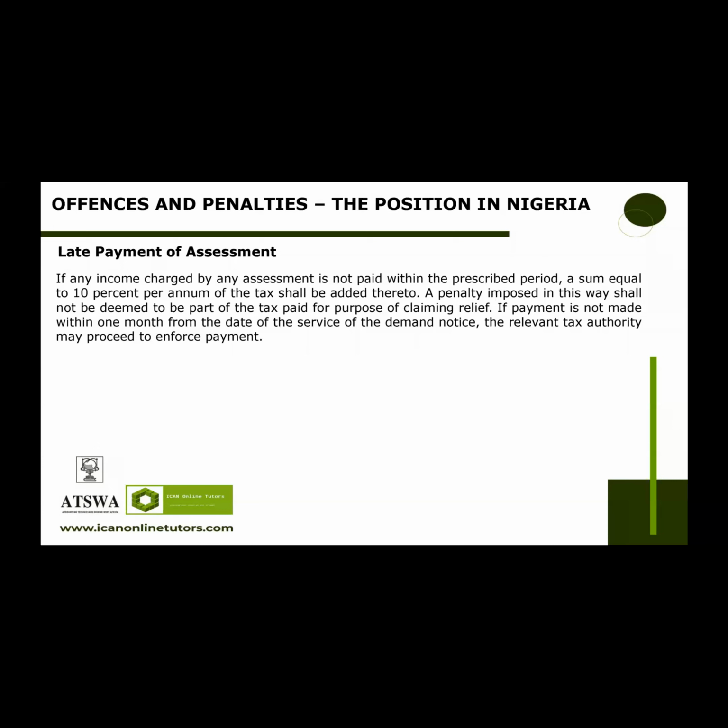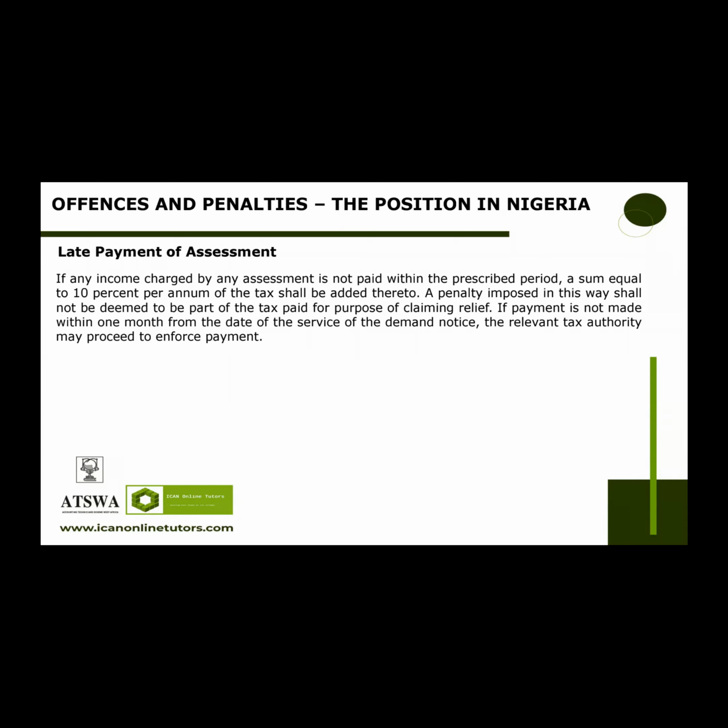Again, for emphasis sake, I would like to repeat that in Nigeria, income tax charged based on an assessment which is not or has been the subject of an objection or appeal shall be payable after the deduction of any amount to be set out for the purposes of collection or any amount deposited against the tax at the place stated in the notice of assessment within 2 months after the date of service of that notice.